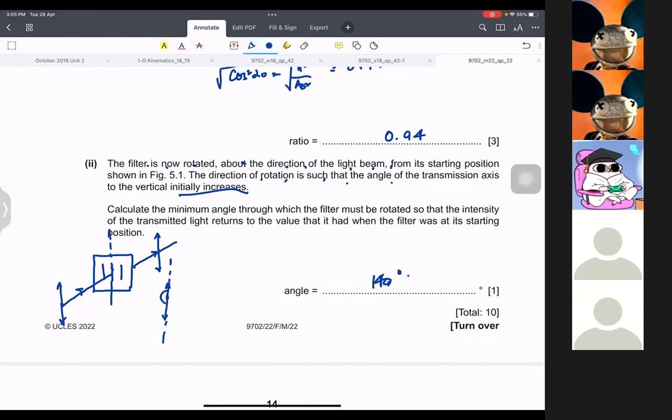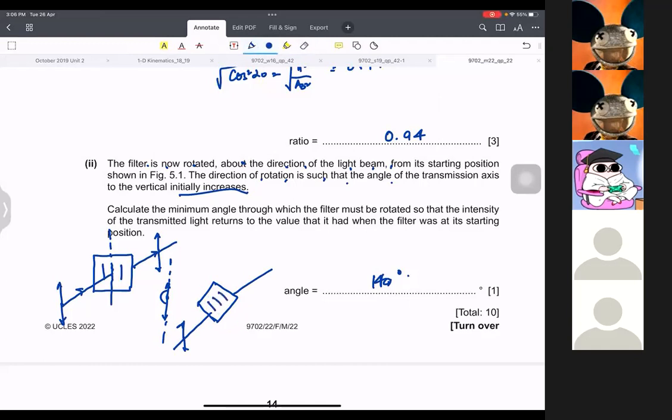Now, let's suppose this is the polarization filter and I move it to something like this. The light is still going straight. Now the filter is like this.